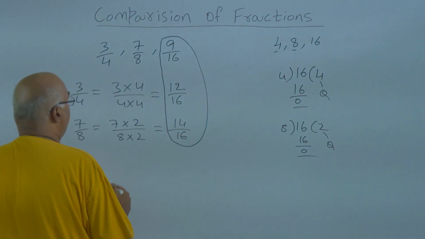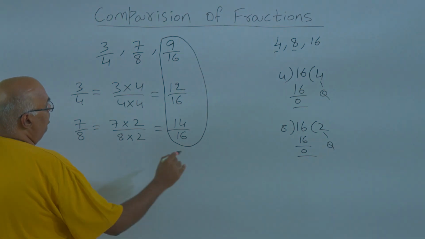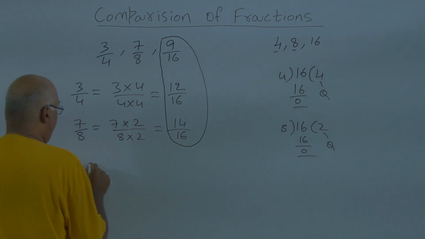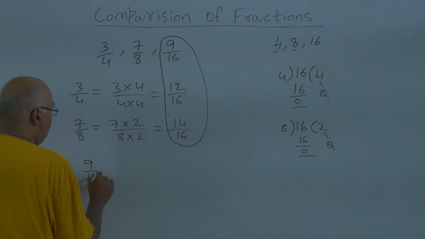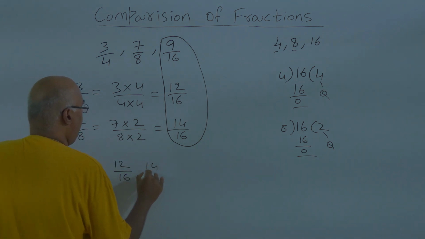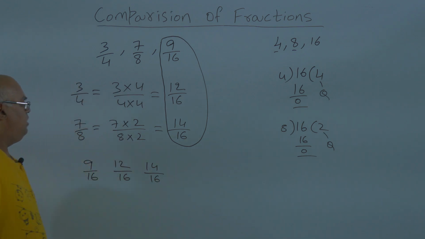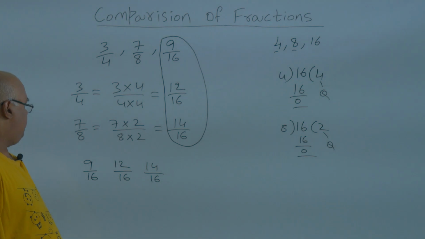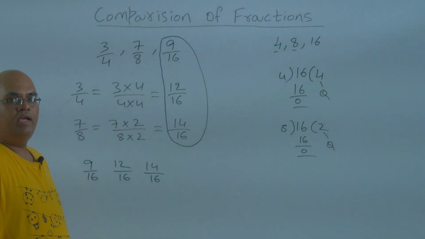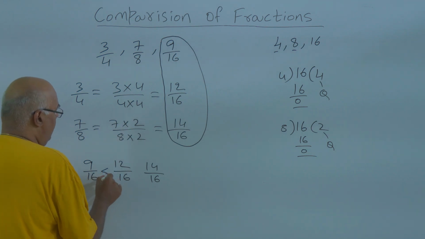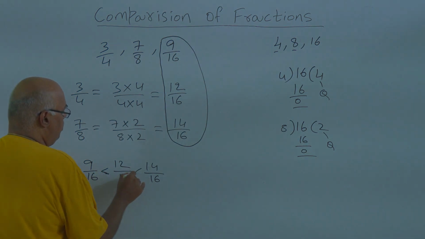So, now I can compare them easily. I will write all the three fractions in order: 9 by 16, 12 by 16 and 14 by 16. All these three are like fractions. So, when the fractions are like fractions, you can directly compare the numerators. 9 is less than 12 and 12 is less than 14.